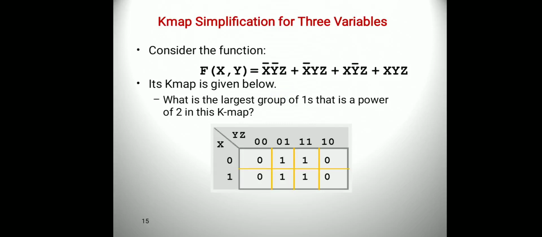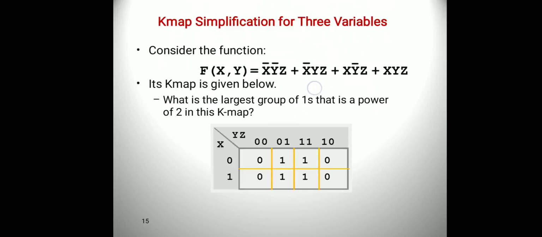X is 0, y is 0, z is 1 means the first row and the second column. This cell is 1, indicated by 1 in the K-map using the equation.